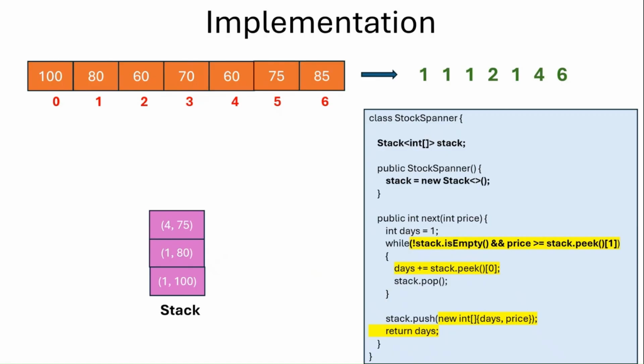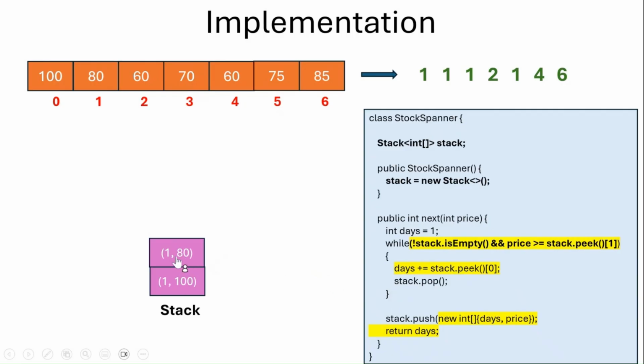Now for the next day where the stock price is 85, the stack is not empty and 85 is greater than 75. It means there is a previous day where the stock price is less than 85. 75 is less than 85. So it will go into the while loop. 1 plus 4 days is 5. We'll remove that entry from the stack.